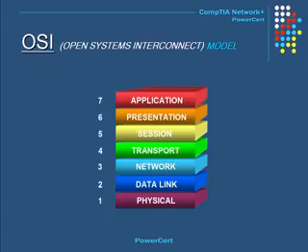It does this by breaking down this huge task of data communication into 7 different layers, giving control of the data being sent from one layer to another. These layers are numbered from 1 to 7, starting from the bottom. These layers are the physical, data link, network, transport, session, presentation, and application.